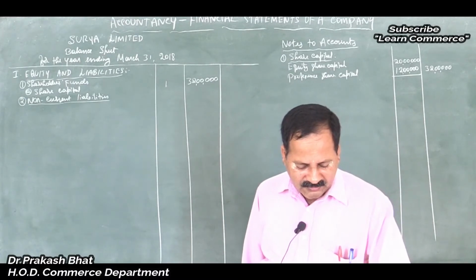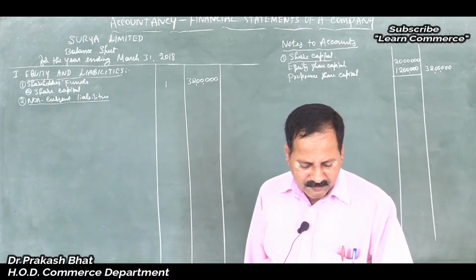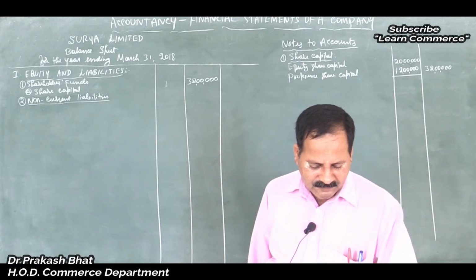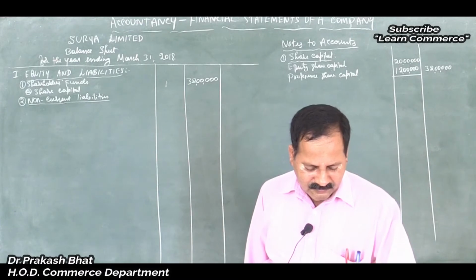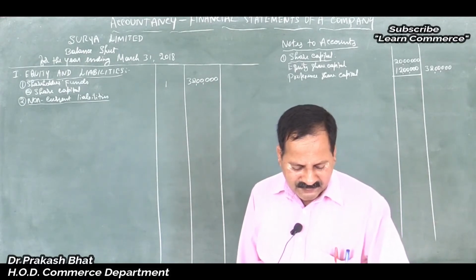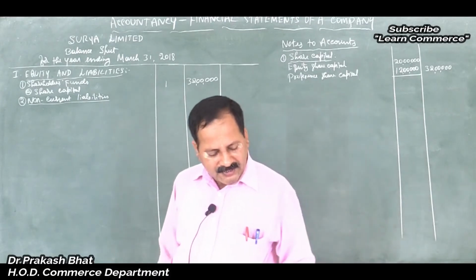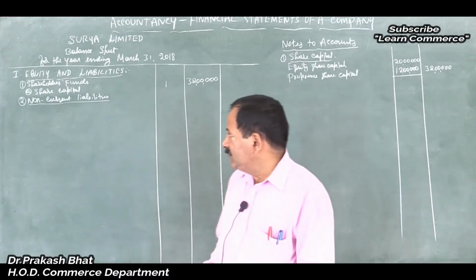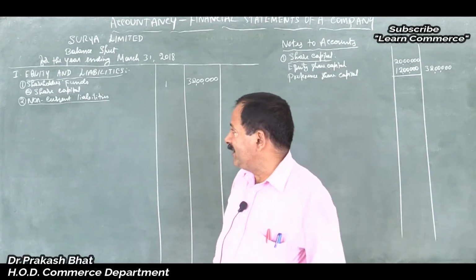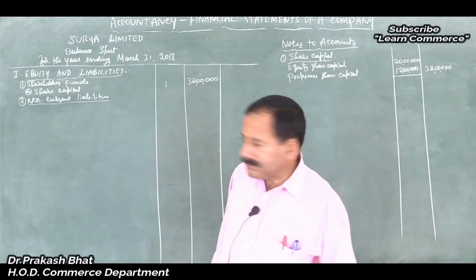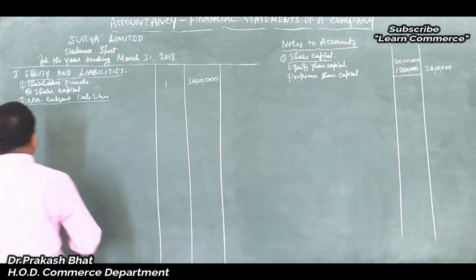Then any other long-term liabilities? Proposed dividend, current investments, cash equivalent, short-term loan from Z Limited. No. Public deposits are there. Whether public deposits are there? Yes. Public deposits come under non-current liabilities, that is long-term borrowings, isn't it?